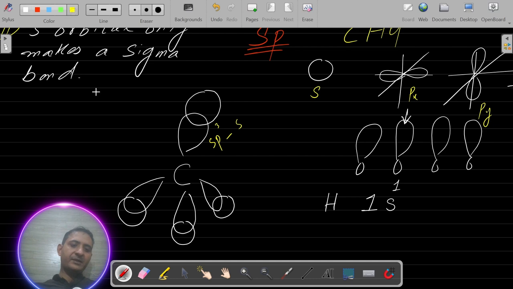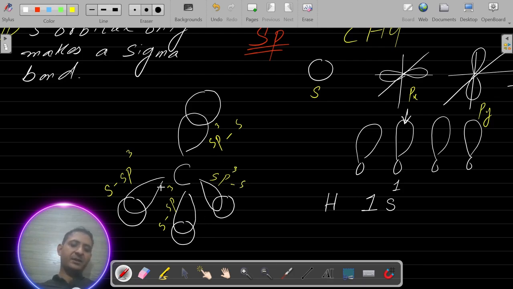So the type of overlap we can say is s overlapping with sp3. Same thing here, s overlapping with sp3, and here we have this sp3 making a covalent bond by overlapping with s.